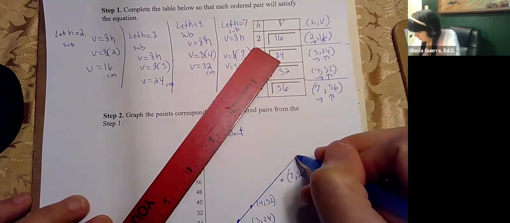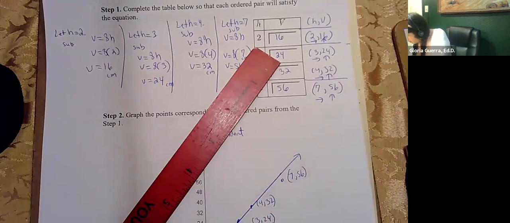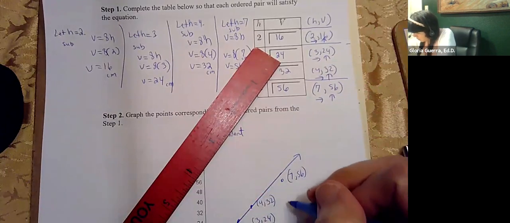And then it should be somewhat collinear when you're done. You should get a straight line. It might be off a little bit because the lines are hard to see, since they're really light. So it kind of throws this point off a little bit.